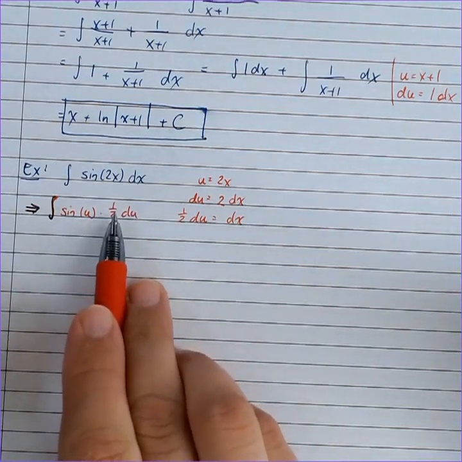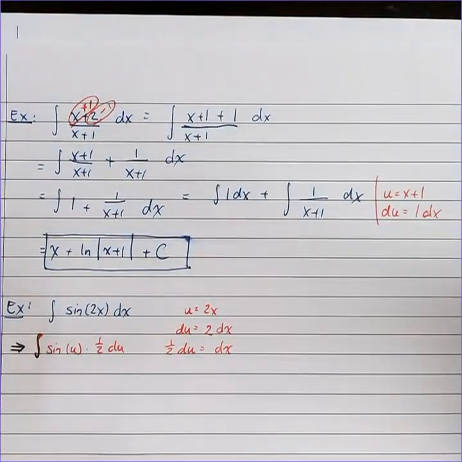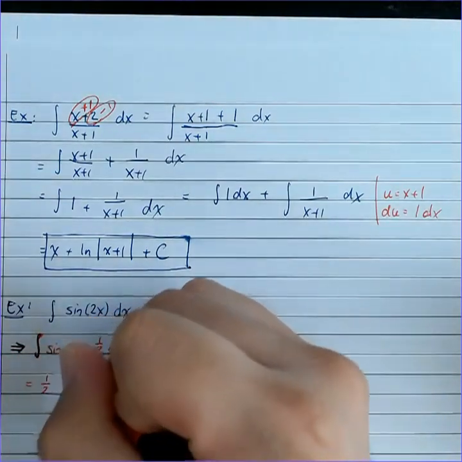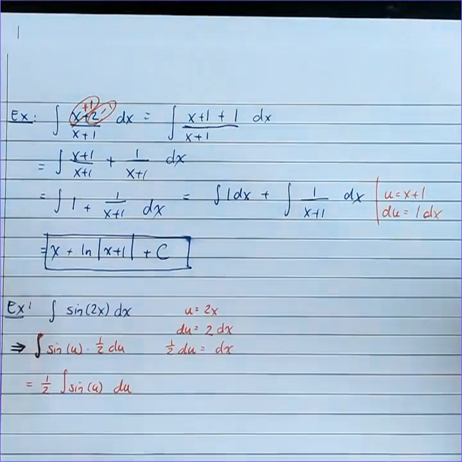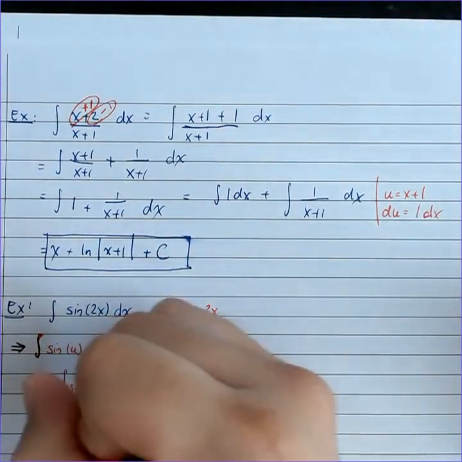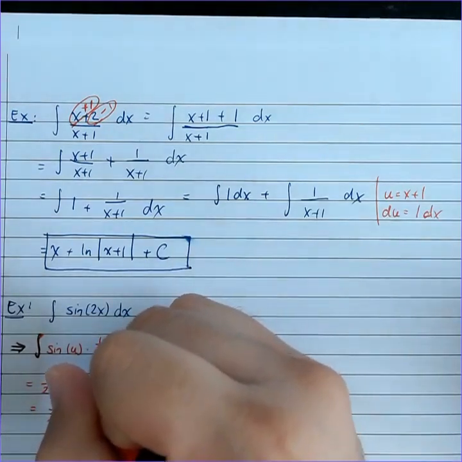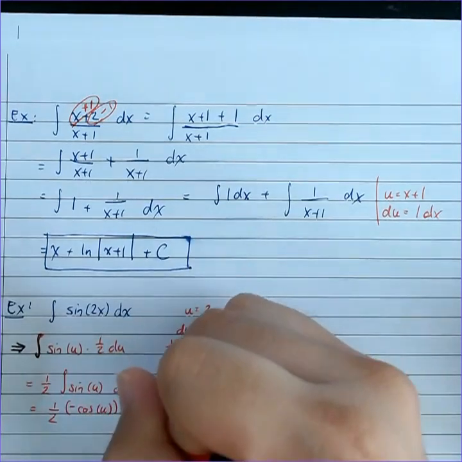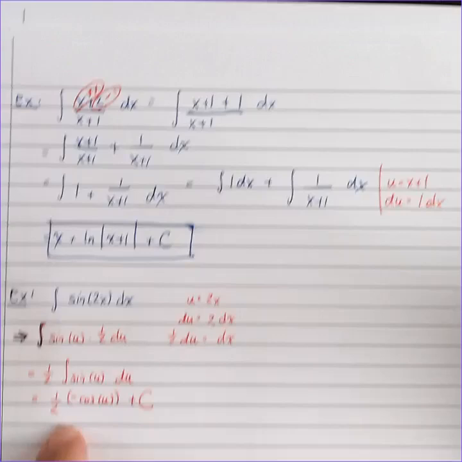Now again, because of linearity, if I have a constant multiple, I'm allowed to just factor that out. So I can write this as 1/2 the integral of the sine of u du, which of course I know how to integrate as 1/2 times the negative cosine of u plus a constant of integration. That negative can just factor out.